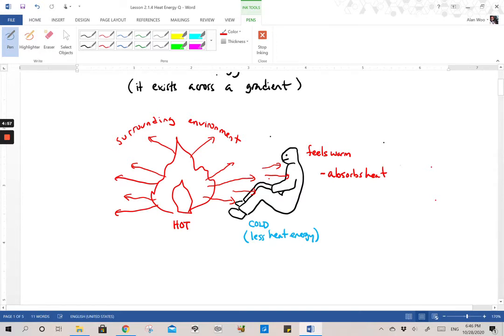We call it endothermic. Okay, so if something is going through an endothermic reaction or an endothermic process, they're absorbing heat. But any substance that releases heat to the environment or to another object is going through a different process. So let's say that this campfire here is releasing heat.